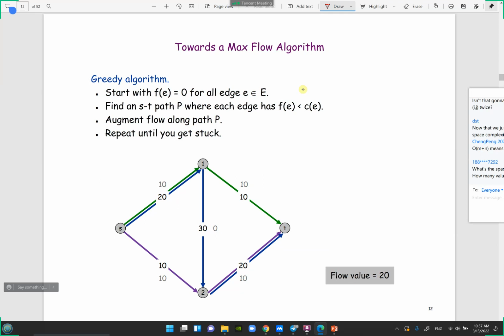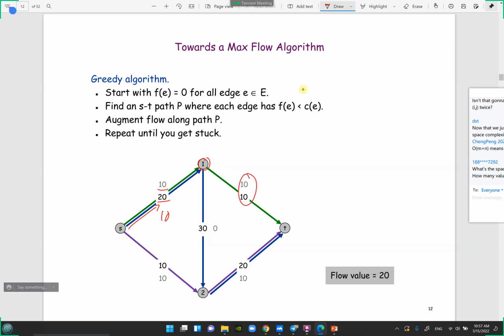But now you can add one more path to this. You can add the blue path, because there's still 10 leftover capacity on this top edge over here, since you have capacity 20 and you're only sending 10. So you can send 10 additional units of flow on the top edge. Once you get to this node, you can't make the flow go in this direction because this has already been completely used up.